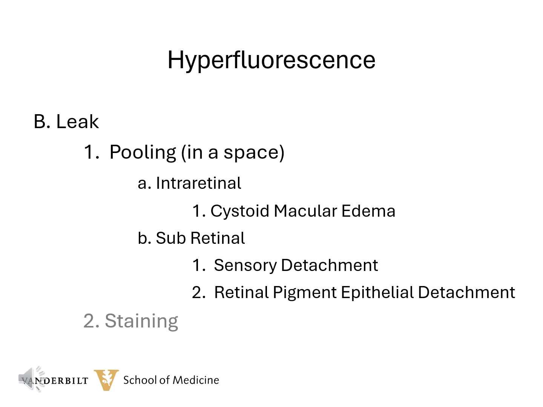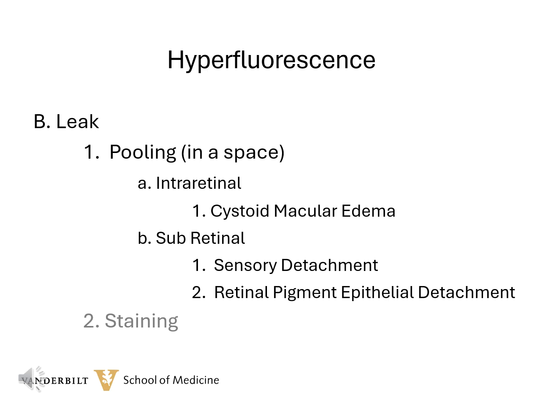So first, let's talk about the fluorescein pooling in a space. If the tight junctions are retinal blood vessels that have broken down, the pooling may occur intraretinal, and the classic case of this is cystoid macular edema, whether it is post-cataract surgery, post-vein occlusion, or in diabetes.